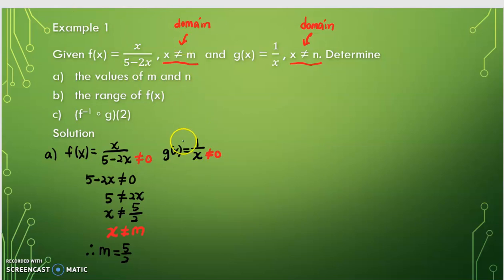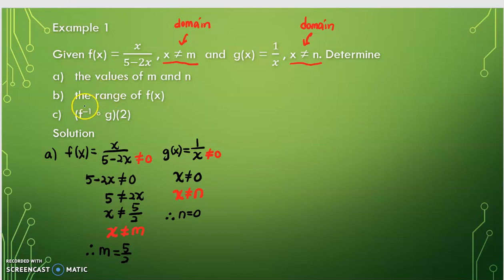So from here, x cannot equal 0. So we compare to x cannot equal n. Therefore, I can make the conclusion that n will be equal to 0. So this is A. Now we move on to B.